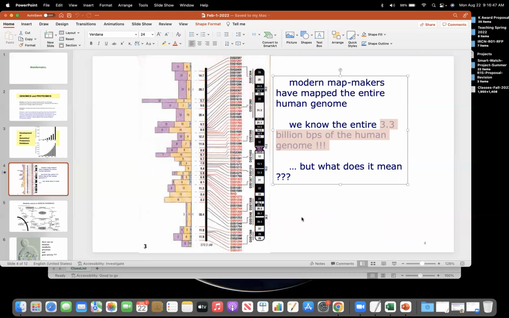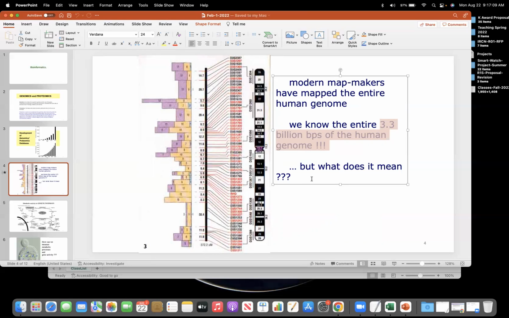So you have adenine, which pairs with thymine, and guanine, which pairs with cytosine, right? So ATGC. And there are 3.3 billion of these pairs, right? So adenine with thymine, guanine with cytosine.